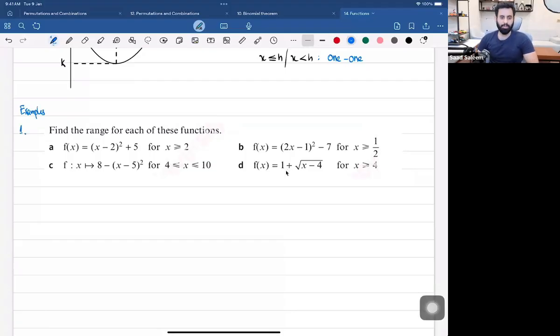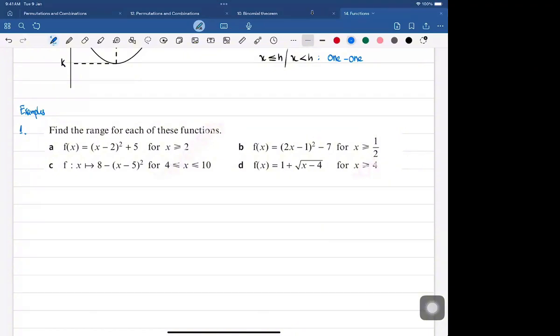Find the range of each of these functions. Go ahead. In the first part, is it a one-to-one function or a many-to-one function? You don't even have to actually make a sketch to figure that out. What's the x coordinate of the turning point? And then look at the domain, and you'll find the answer to my question.